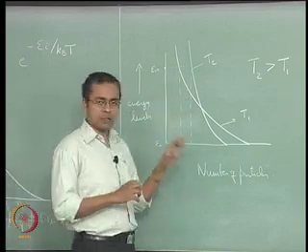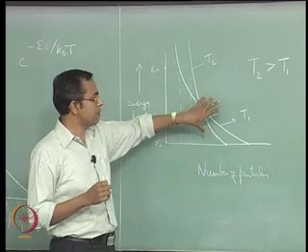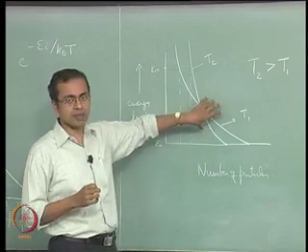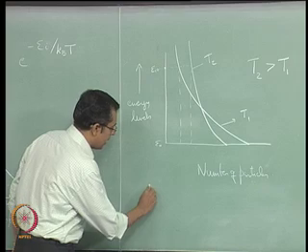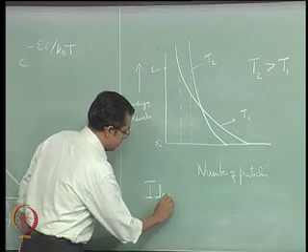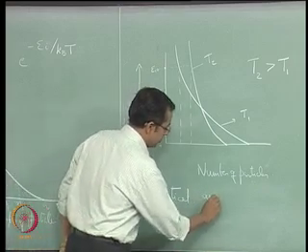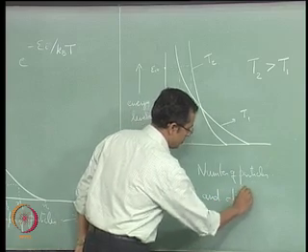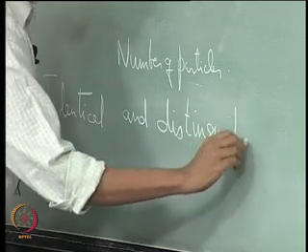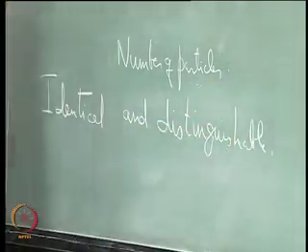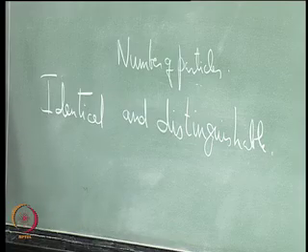Now the specific aspect of the Maxwell-Boltzmann statistics that stands out, which is very fundamental to why this graph ends up this way, is that we have said that those particles are identical and distinguishable. We have said that the particles are classical particles, we have used all those terms.